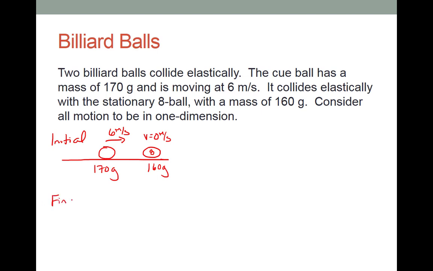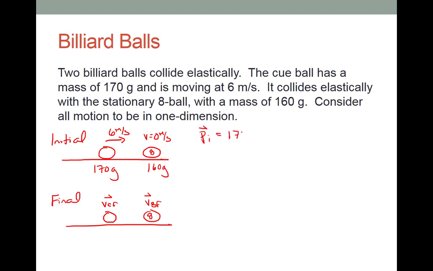And as before, we want to know what the final velocities are. So I'm going to use Q for the cue ball and 8 for the 8 ball. Okay, as before, I can write out my momentums.